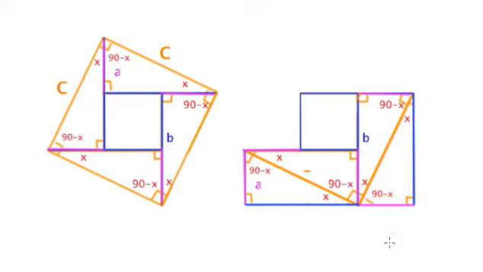Okay? And then we know this is A because it's A over here and it's still the same length right here.